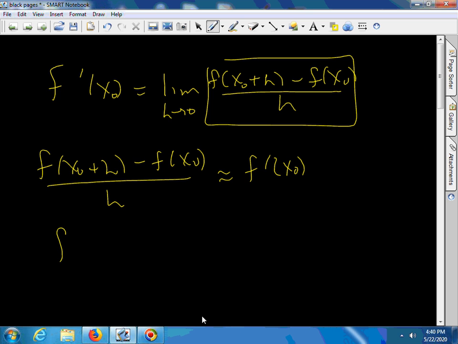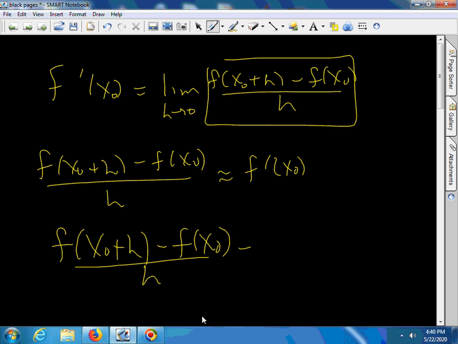It can be terrible. So if I want to make it equal, if I want this to equal f prime of x0, I have to add something. And what I add is an error function. An error function. And the error is a function of h. You change h, the error changes.